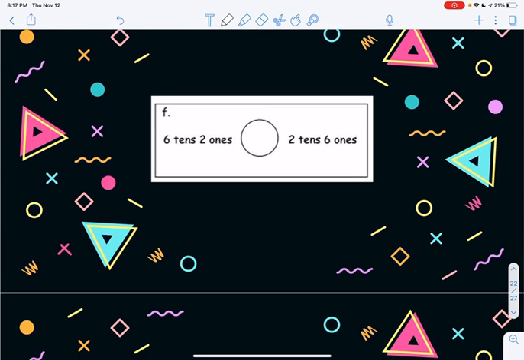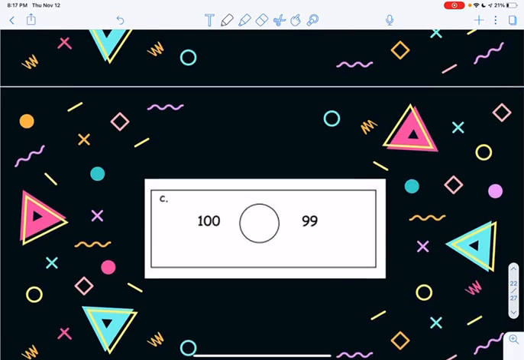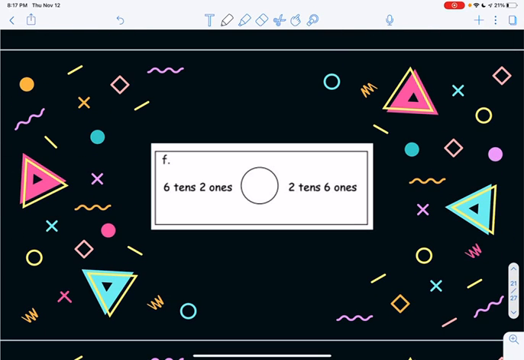Let's look at this one. I have 6 tens and 2 ones. Is that greater than or less than 2 tens and 6 ones? Well, if something has more tens and there's no hundreds or anything above, which one's going to be bigger? It's going to be the one with more tens.